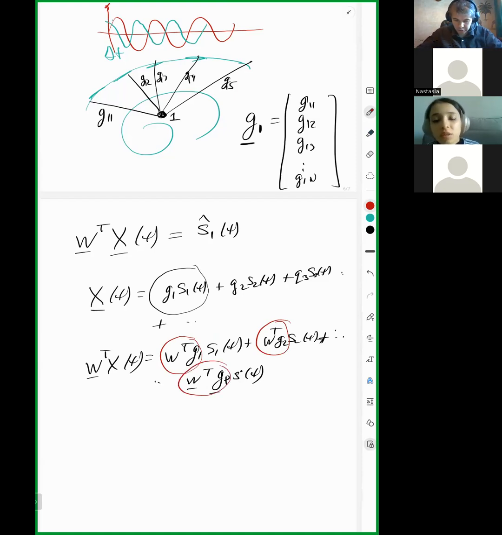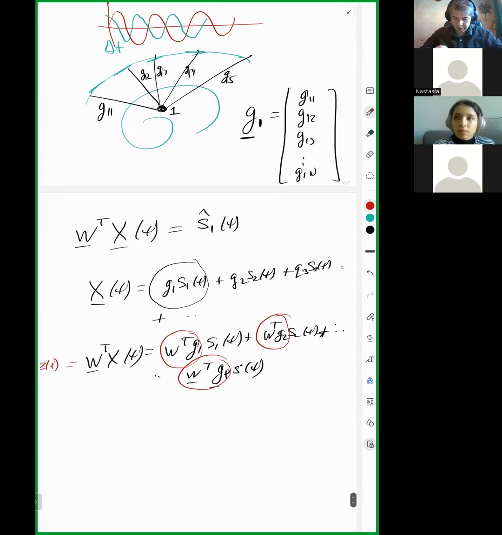And all it tells you is that the output of your beamformer, let's say Z of T, is simply a linear combination, a summation of activities of different sources, but with different coefficients. If you are interested in listening to the direction, in quotes, corresponding to the first source, then you may want to say that I want W transpose G1 to be equal to 1.